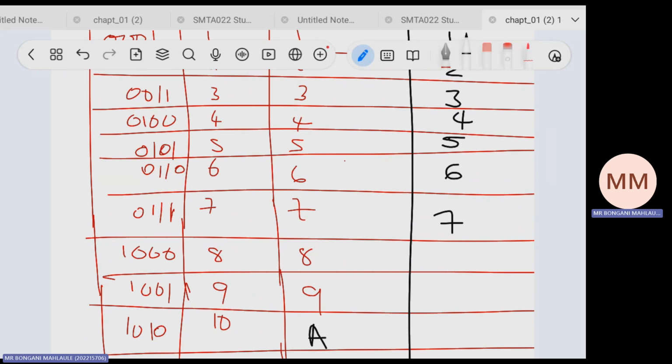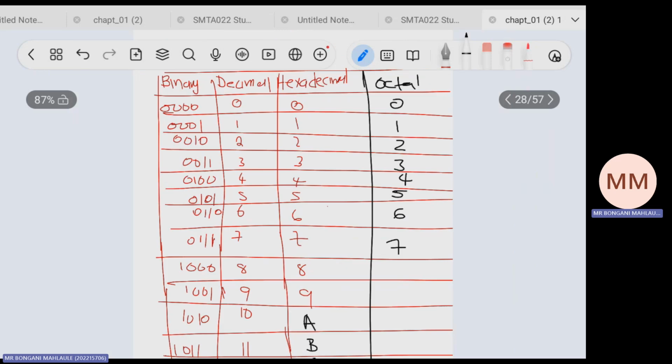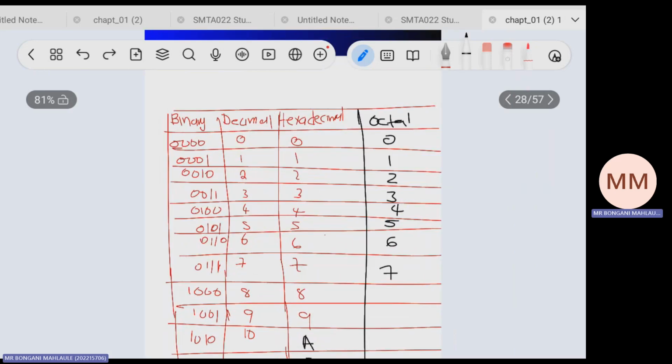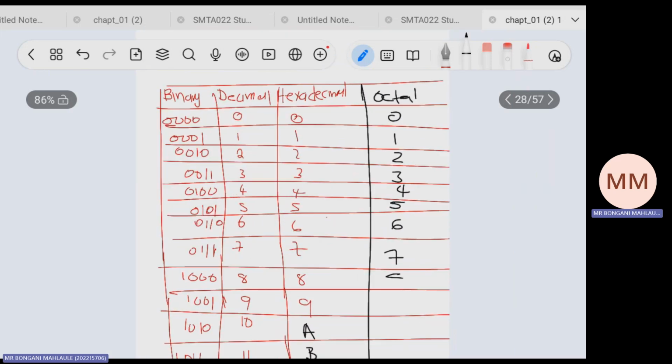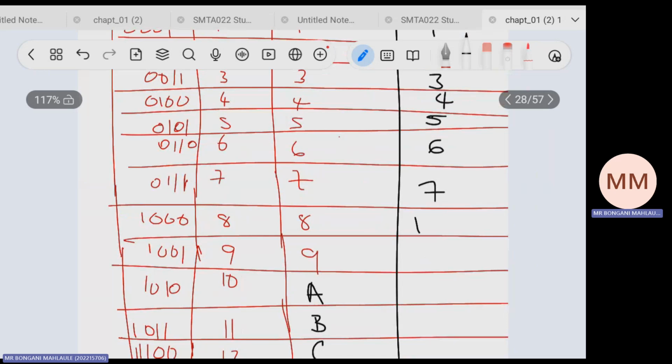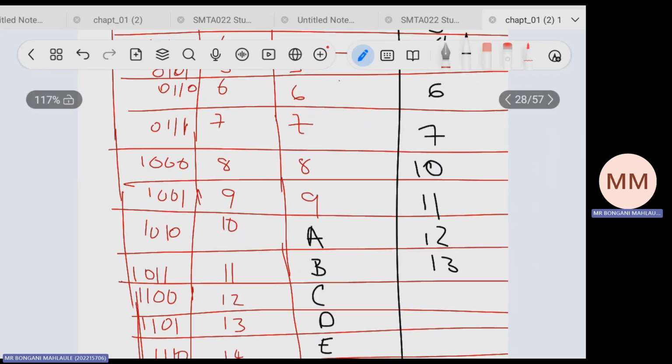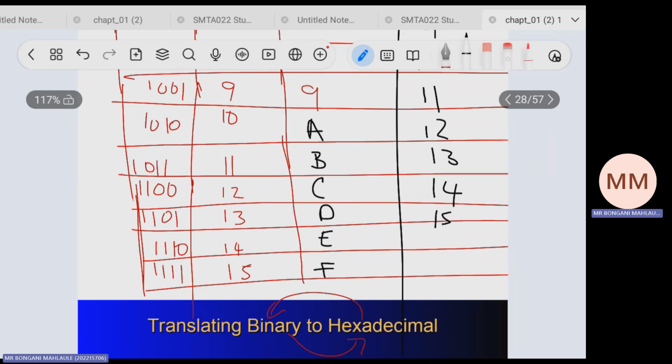And then from decimal to octal, when you reach 8, this will now change to 10. And then you have 11, 12, 13, 14, 15, 16, 17.